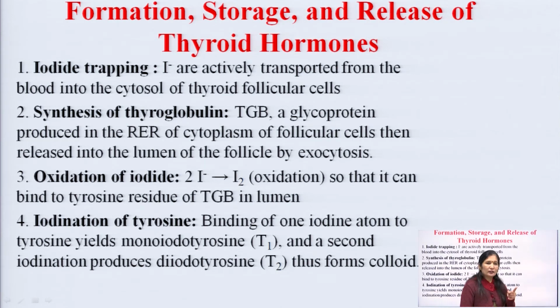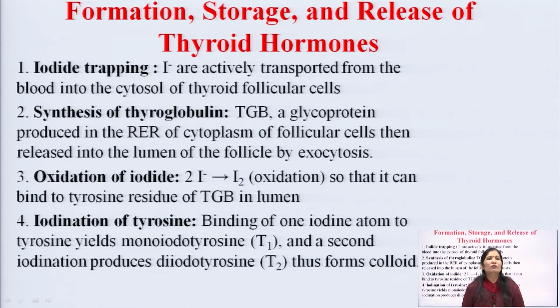Thyroxine consists of 4 molecules of iodine and T3 consists of 3 molecules of iodine. So, most of the body's iodine is required by the thyroid gland for the synthesis of thyroid hormones.